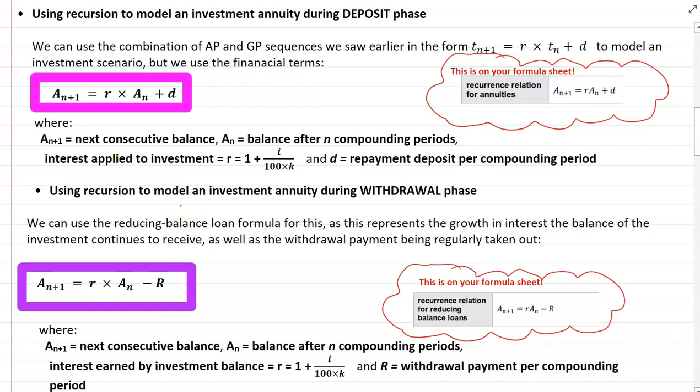If we want to use recursion to model an investment annuity during the withdrawal phase, we simply use the recurrence relation for reducing balance loans, because this is what we are doing with our investment.